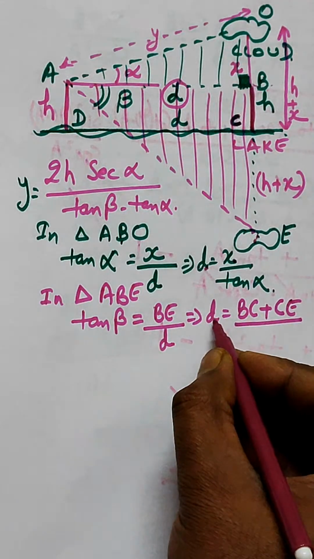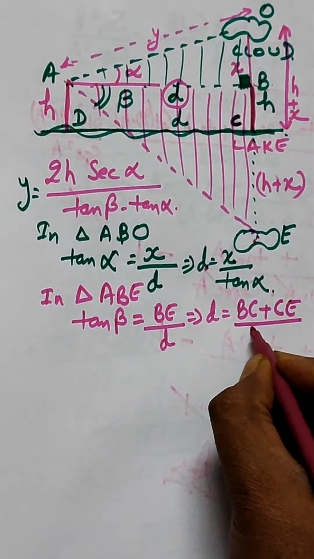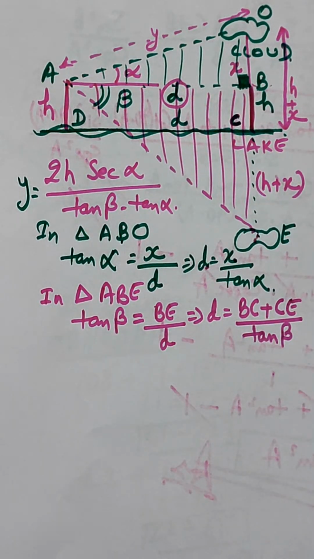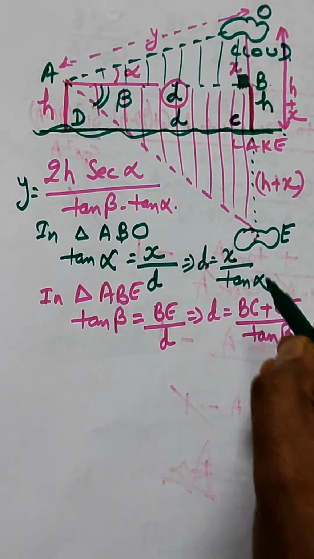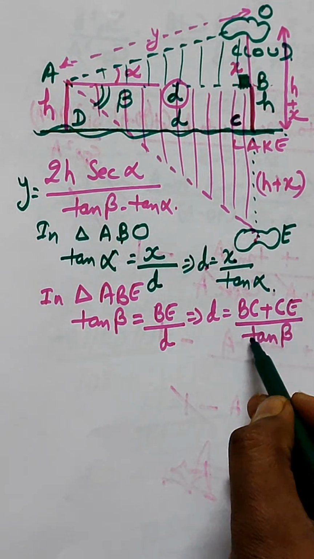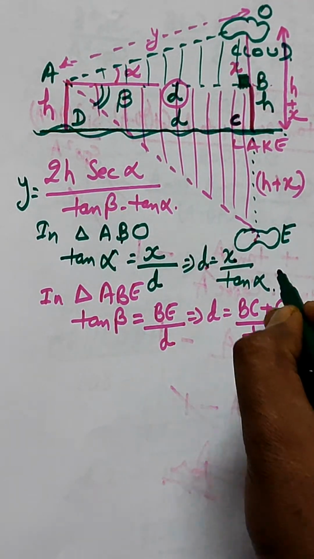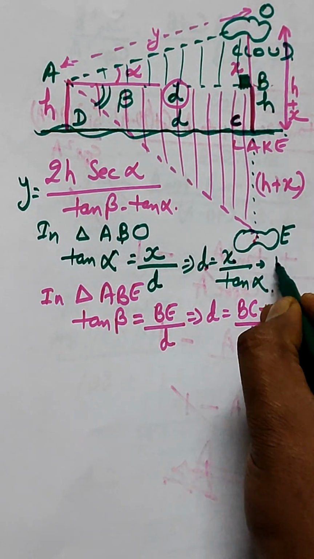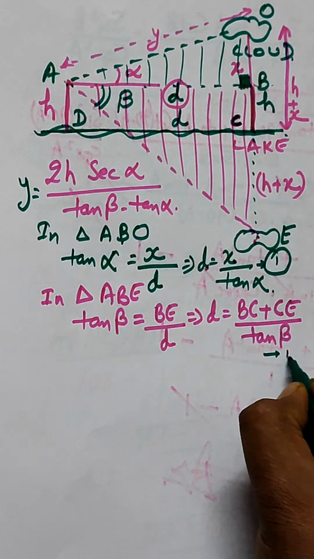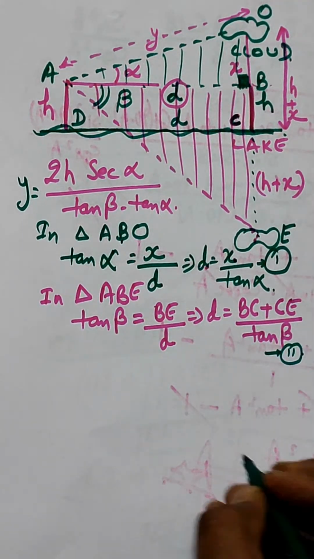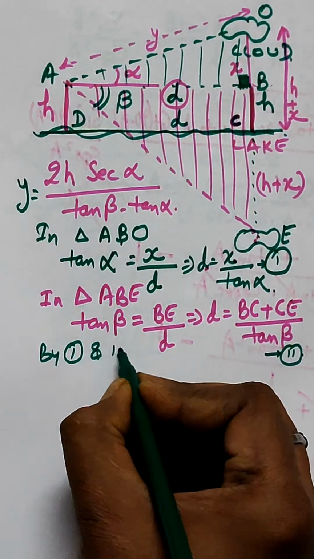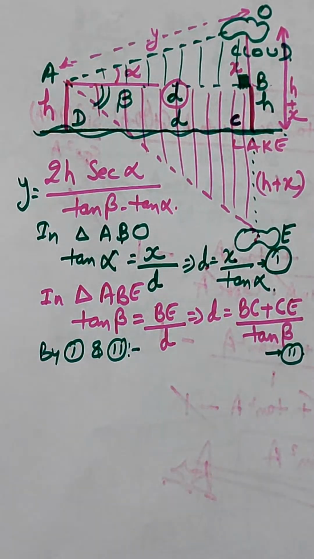D is going to the LHS, so tan beta will be coming to the denominator of the RHS. So here you can see D equal to x by tan alpha and D equal to BC plus CE by tan beta, right? So if this is equation number 1 and this is equation number 2, so we can write by 1 and 2, what?